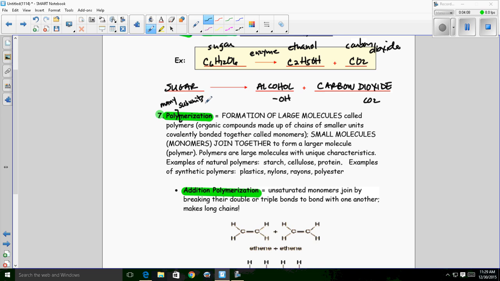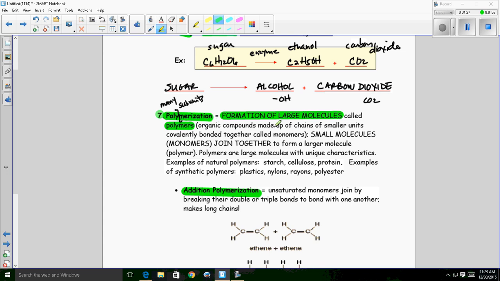What you're going to see in this whole process of polymerization is something that starts out with many small molecules being developed into a very large molecule itself. So what we're dealing with is the formation of large molecules called polymers.